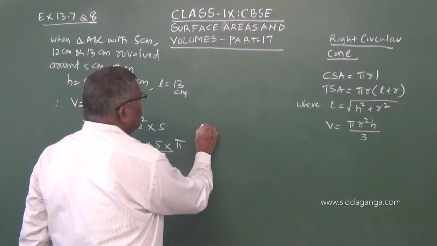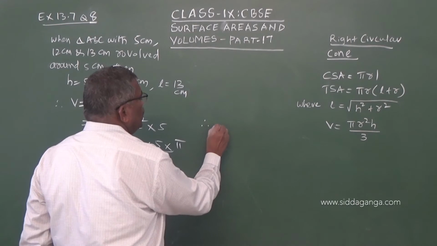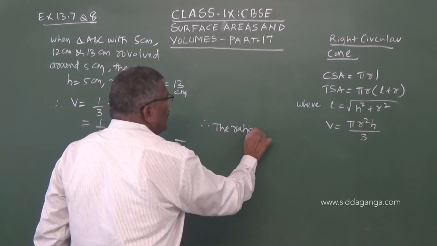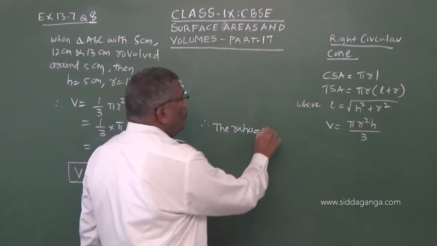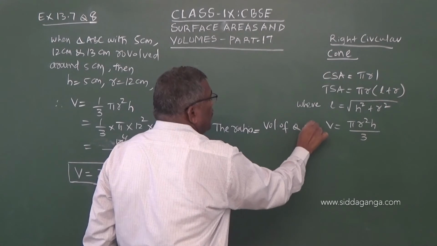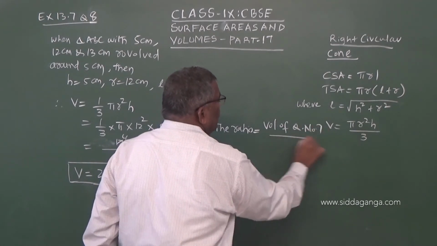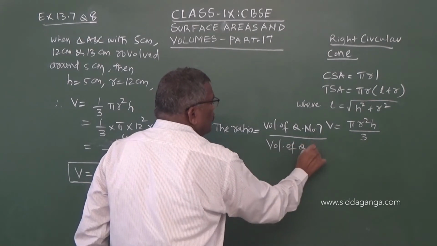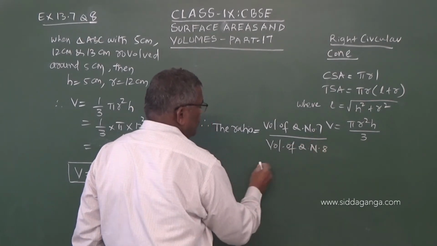So therefore the ratio equals volume of question number 7 divided by volume of question number 8.